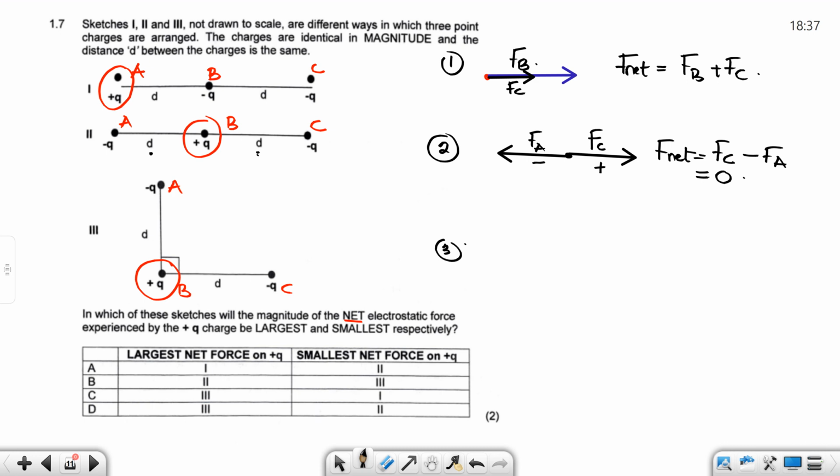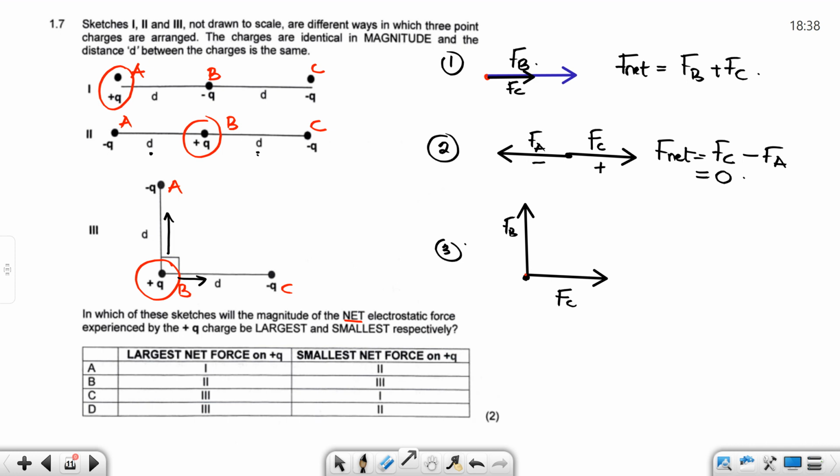Now let's check number 3. Do you notice we are still focused on the positive charge? This one would go up, and this one would go to the right. Up and right. So what are we going to have? F B and F C. But where is my resultant going to be?